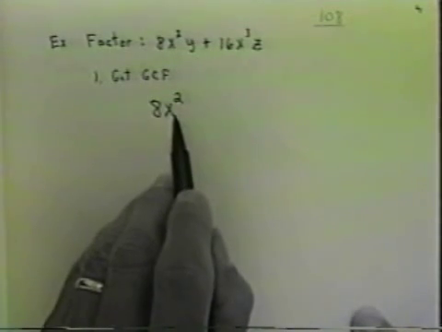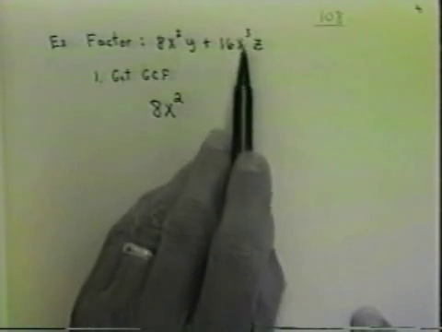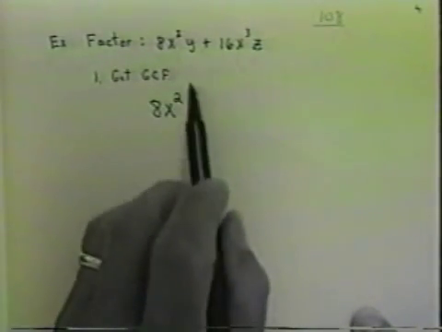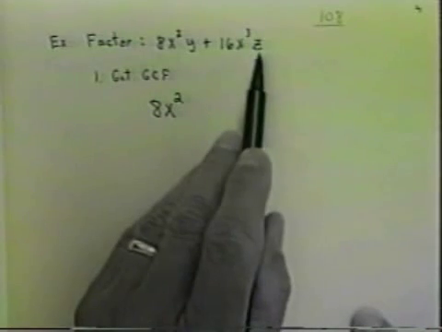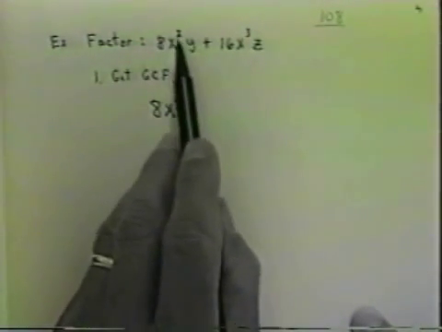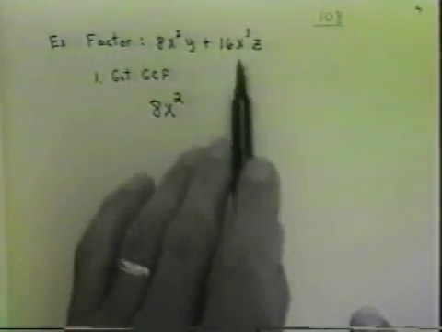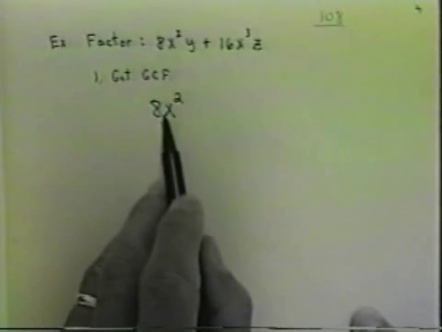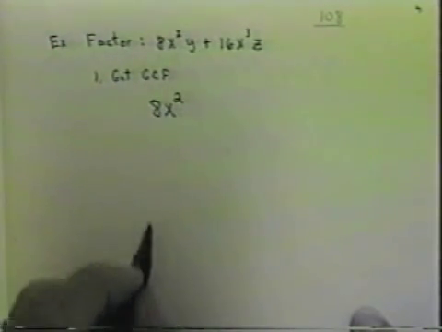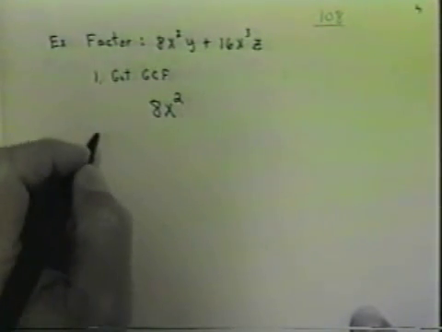X squared is the largest power that will go into both x squared and x cubed. Since 16x cubed z does not have a y, and 8x squared y does not have a z, they do not have common factors of y or z. So the only common factor is 8x squared. So 8x squared is going to be the first factor.